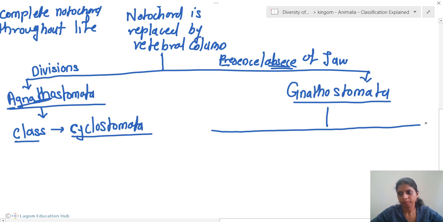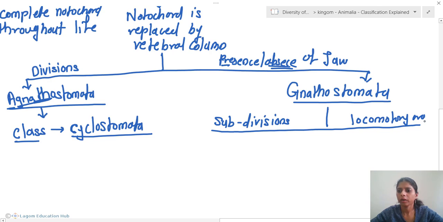subdivisions. So Gnathostomata subdivisions. Now this subdivision is made on the basis of their locomotory organs.